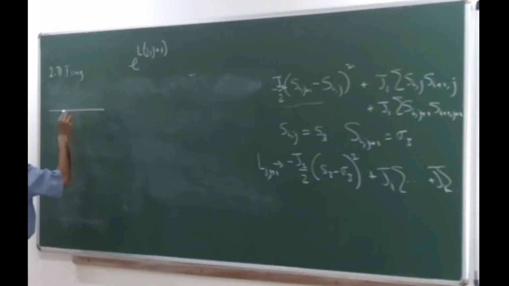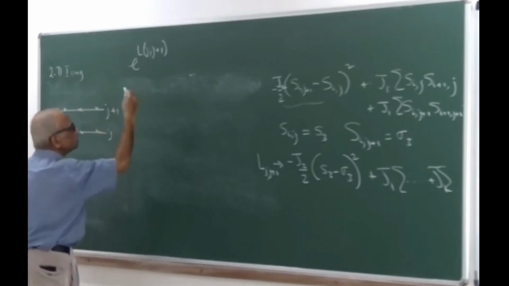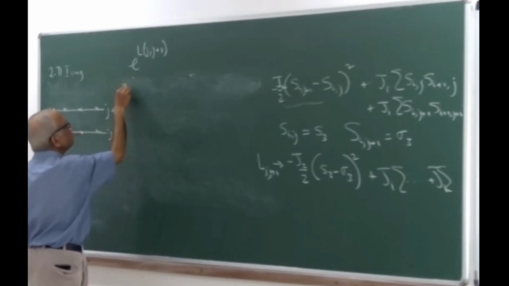So here you have j plus 1 and this is j, and you have these sites, and first the point would be no flip.